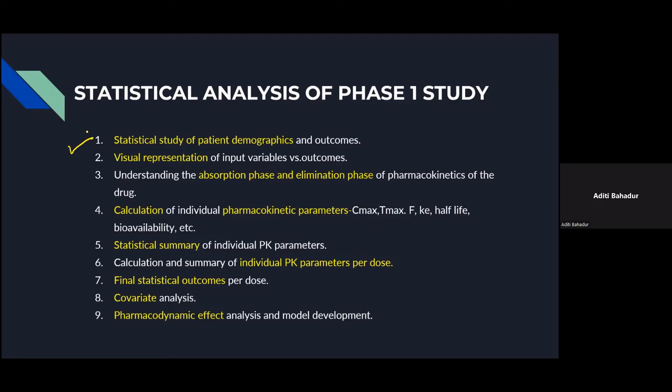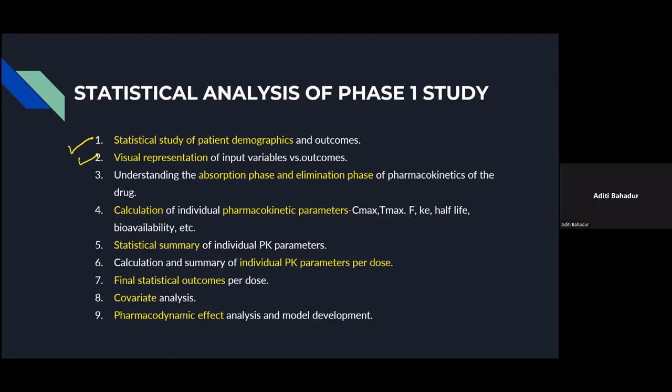We need to look at whether there's a difference between the statistical summary at phase 0 and phase 1. Now we look at visual representations of individual input variables versus outcomes, where we see if different input variables have an effect on the outcomes, whatever they could be.